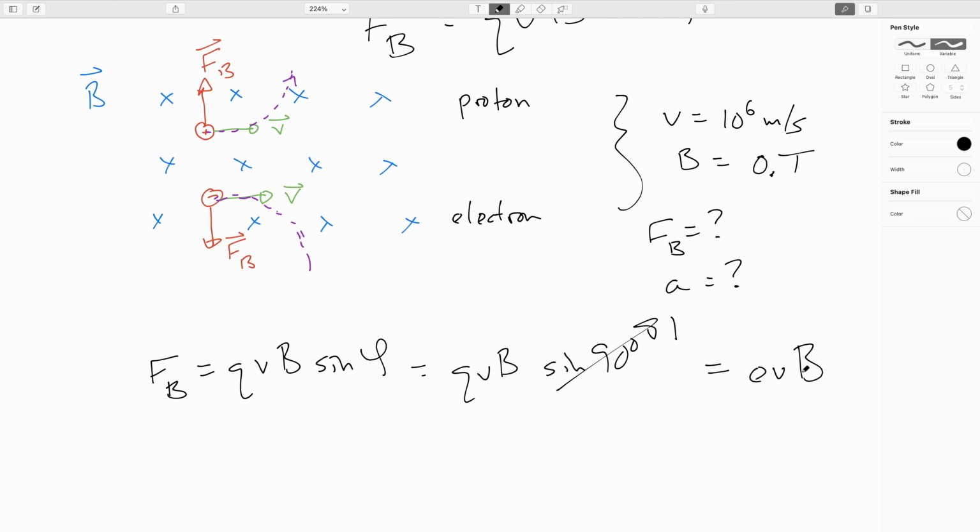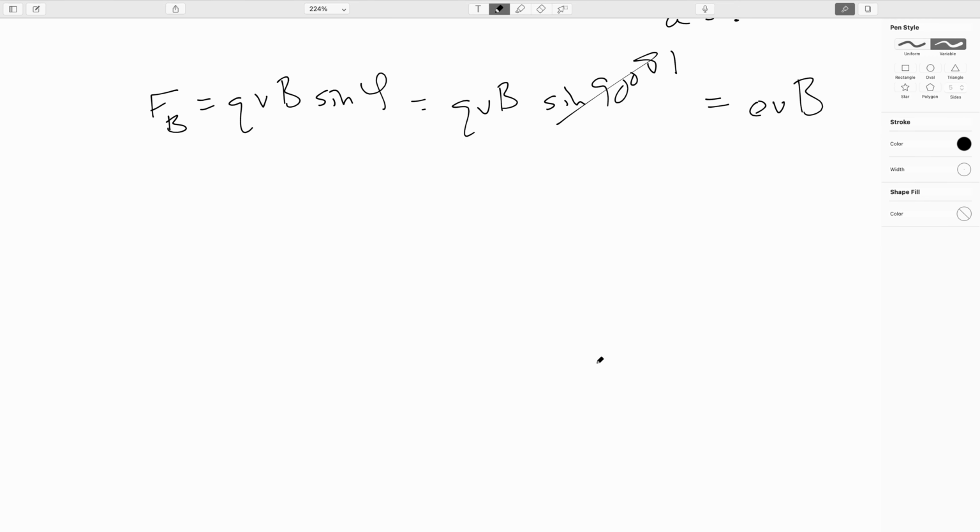So we can substitute our values in here. The fundamental quantum of charge is 1.6 times 10 to the negative 19 coulombs. We decided that the particles were moving at 1,000,000 meters per second in a 1/10 of a Tesla magnetic field. So both particles are feeling a force of 1.6 times 10 to the negative 14 newtons.